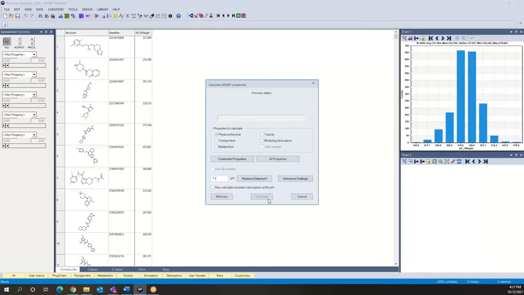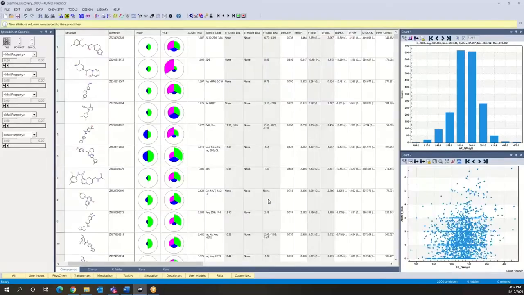So let's go ahead and calculate them. That's pretty fast. We've gone through this exercise before, and as we know, the software is multi-threaded, so it goes through this property calculation fairly quickly. We get our properties calculated back to us, and now we're going into HTPK proper.